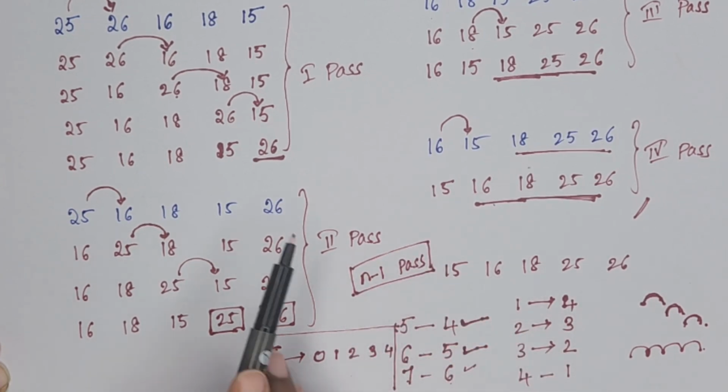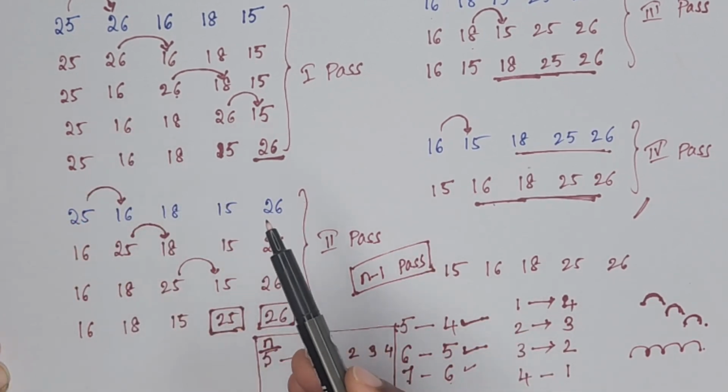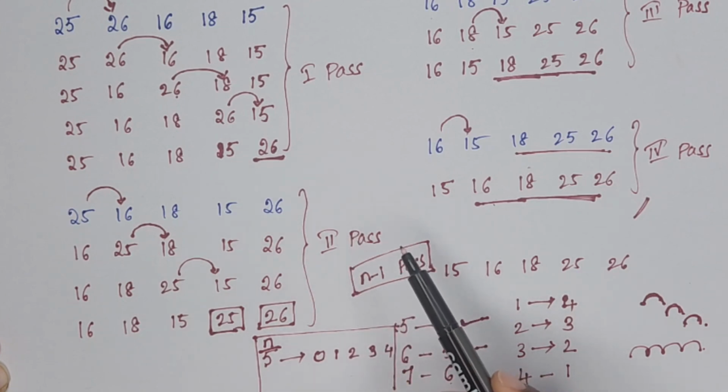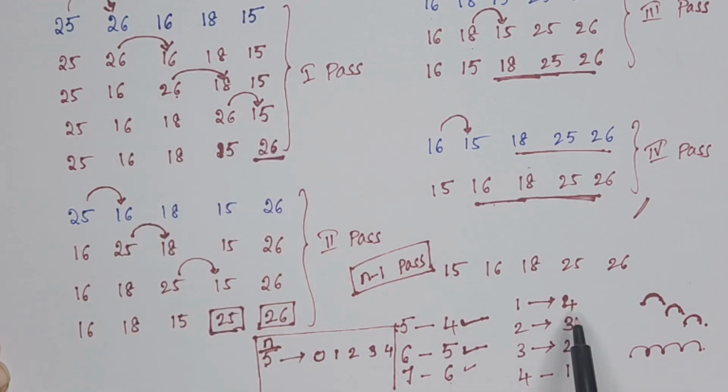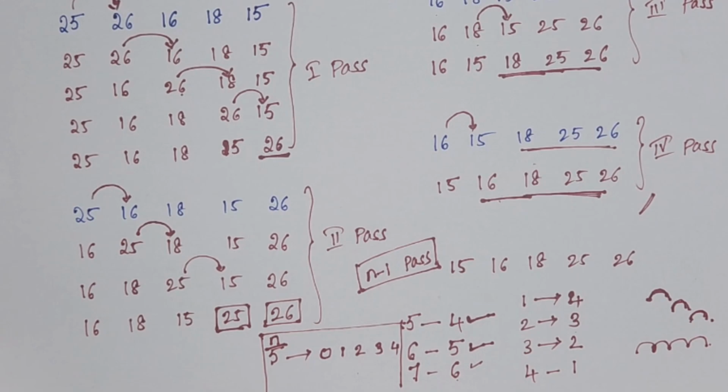And in each and every pass, we have to perform a few comparisons. So, we'll see the number of comparisons also. In first pass, the number of comparisons is 4, second pass 3, then 2 and 1. Okay, I hope this is clear. If it is clear, then easily you can understand the program. So, we'll go to the program.